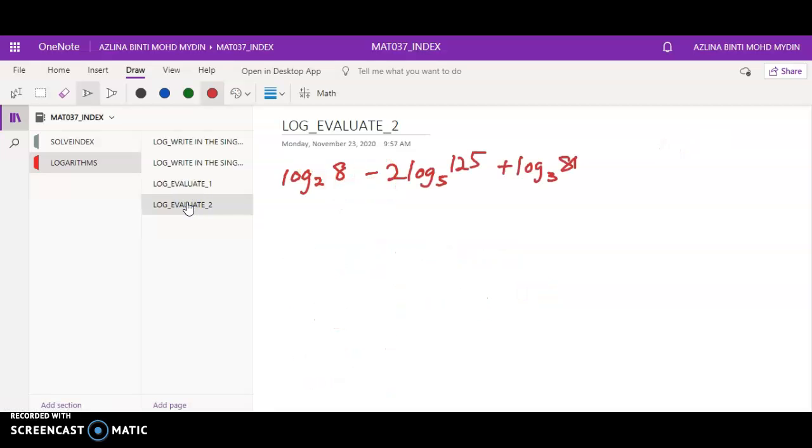Now let's see the second question to evaluate the value.